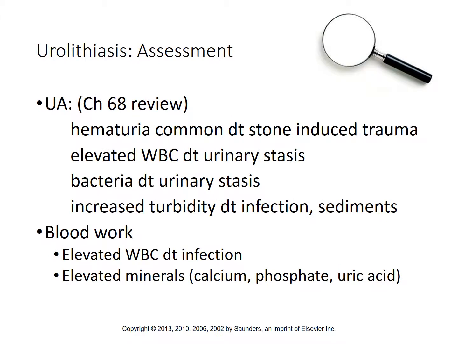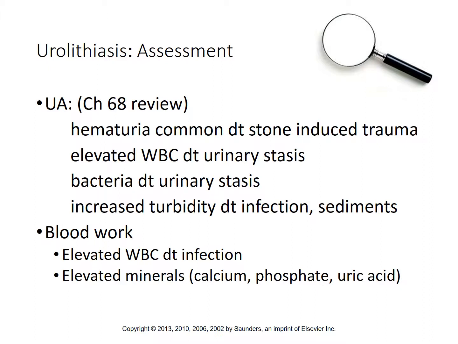More on assessment. For urine analysis, hematuria is common due to stone-induced trauma, so there may be some blood in the UA. You may notice elevated WBCs due to urinary stasis and infection. There may be bacteria due to the urinary stasis.